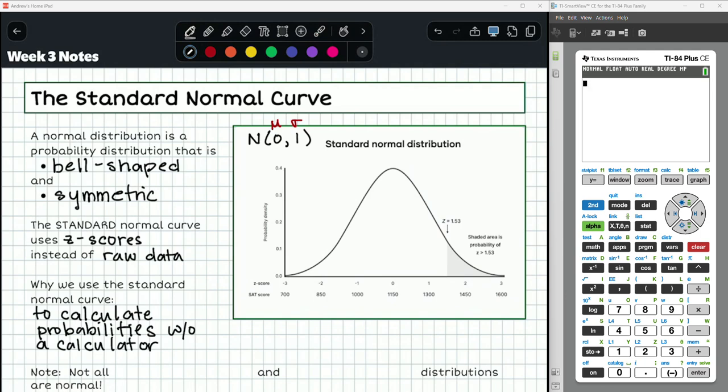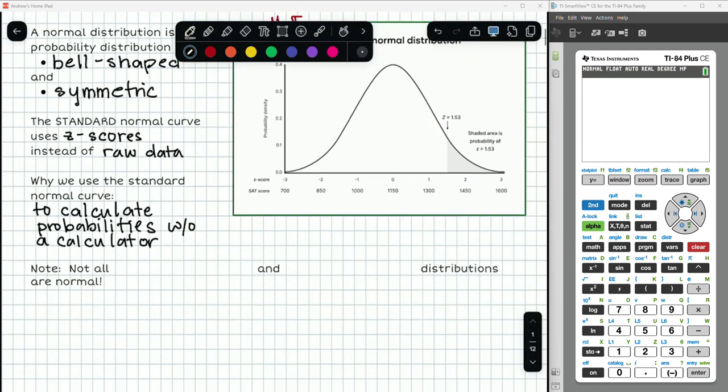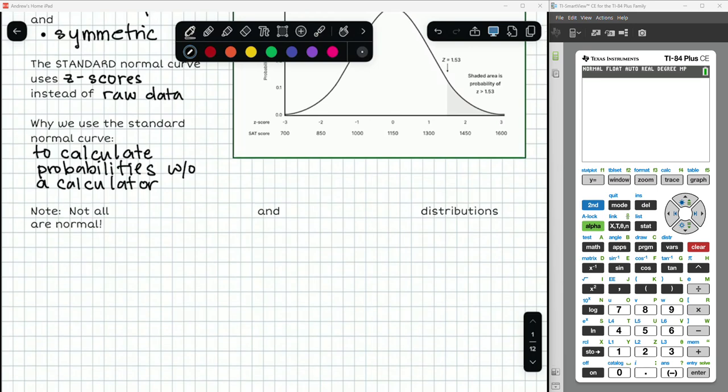A couple important notes before we move on to our next video. It is important to note when you're looking at continuous probability distributions, probability curves, that not all bell-shaped and symmetric curves are normal.